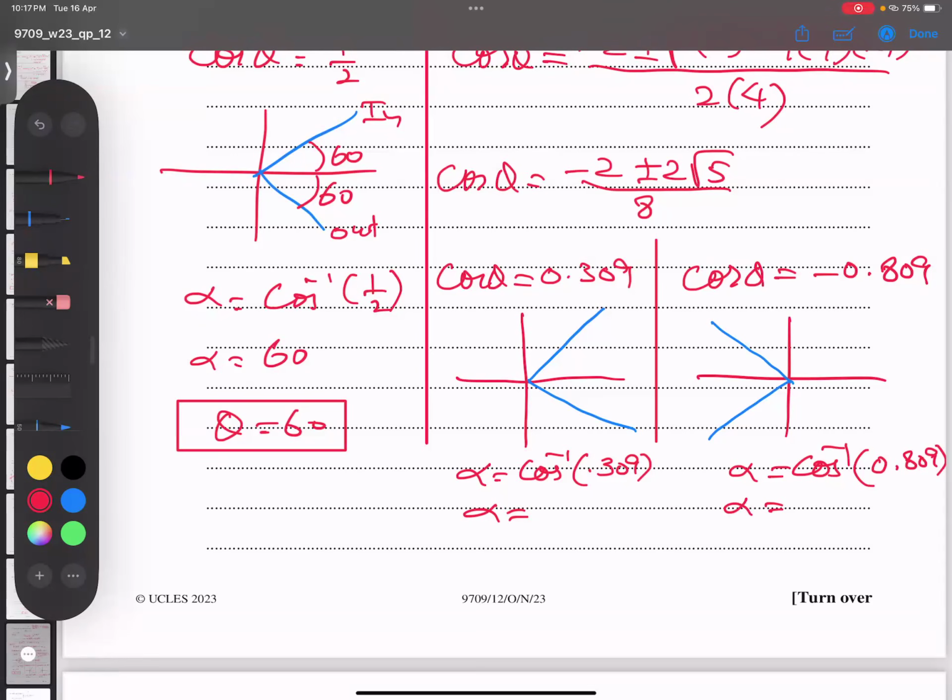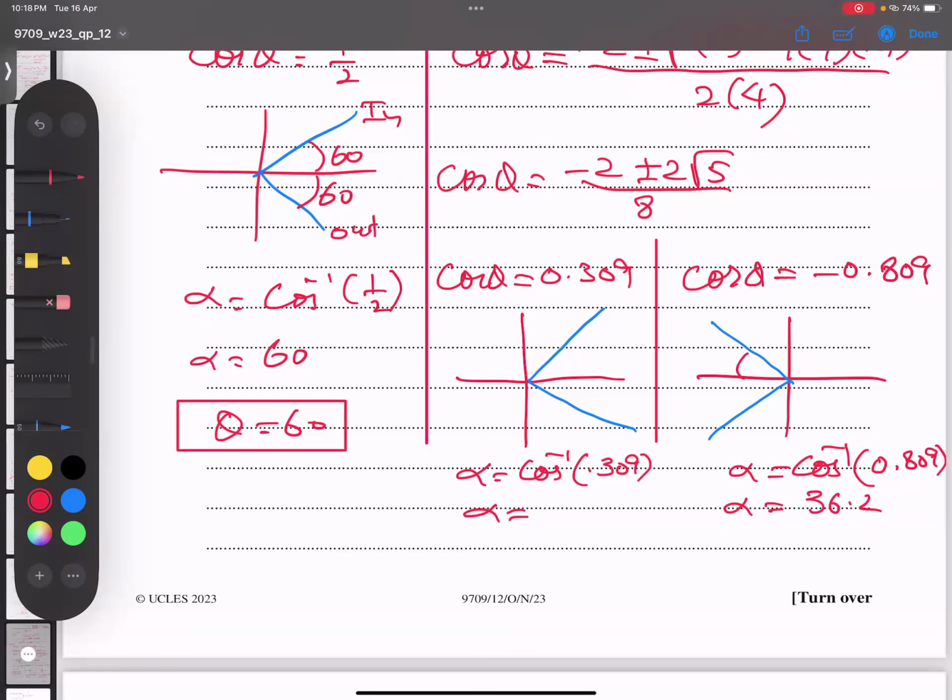Okay. So cos inverse of this one is giving us a 0. Wait a minute. Okay, degree mode, sorry. We have to be careful and we have to convert into degree mode. Okay, so cos inverse 0.807. It is giving me 36.2 degrees.